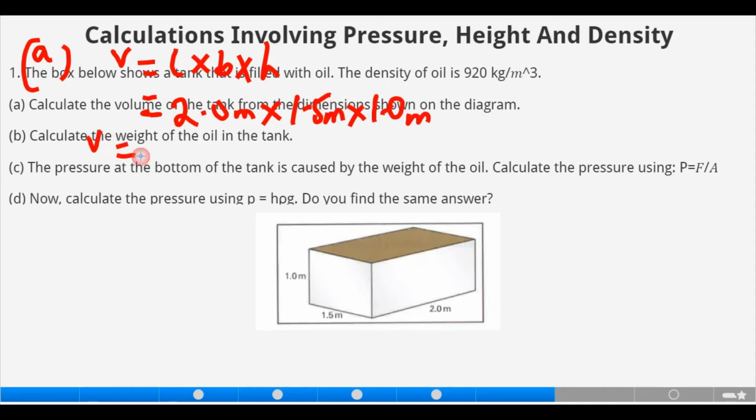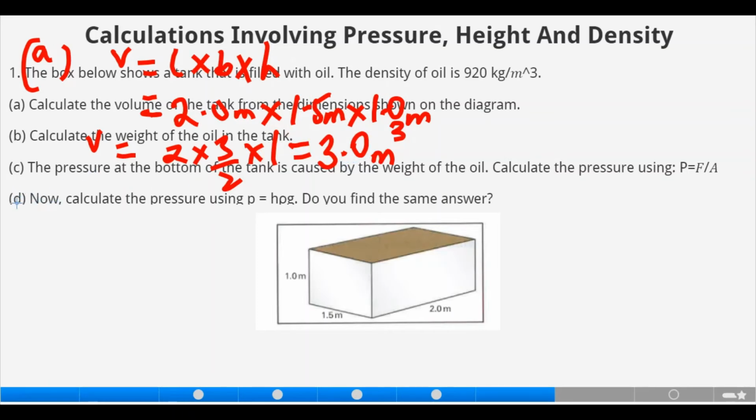So volume here now, 2 times 1.5, that should be 2 times 3 over 2 times 1, and that is 3.0 meter cubed.